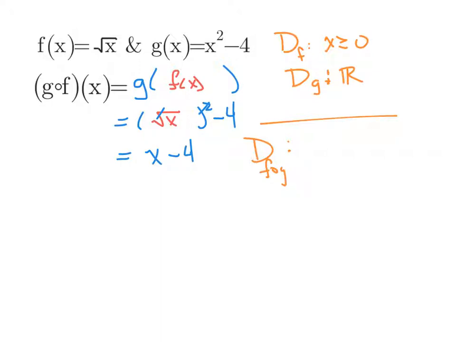But the domain here is already limited now by x being greater than or equal to 0, not the greater than positive 2 and less than negative 2 part. What's going to come out of f is going to be a positive number, because it'll be the square root of something. That's part of the domain of g. So we don't have any other restrictions on the domain of our composition of two functions.